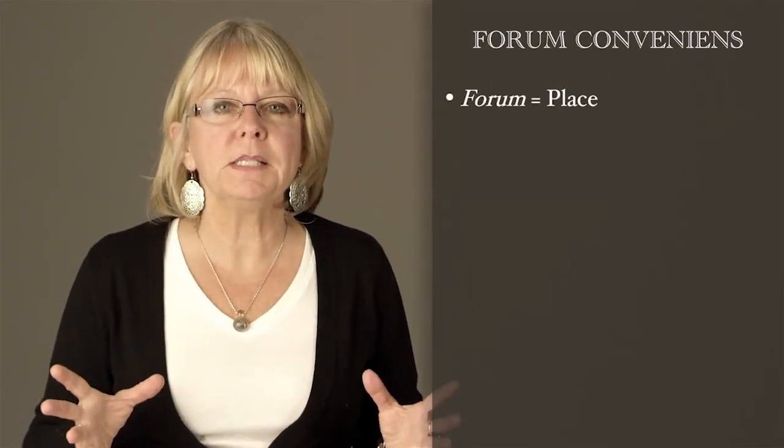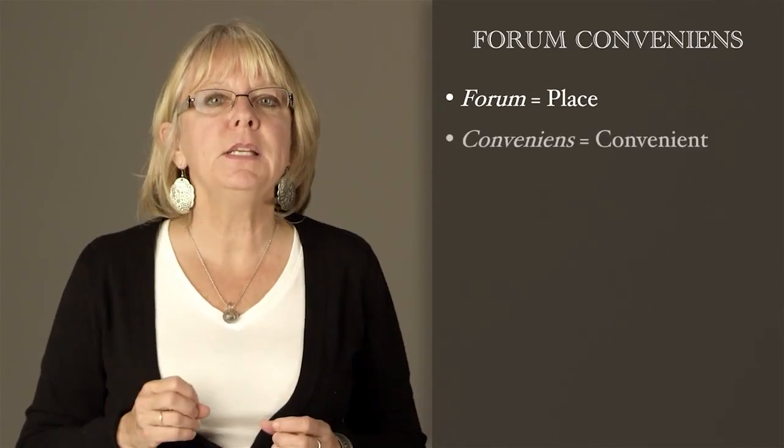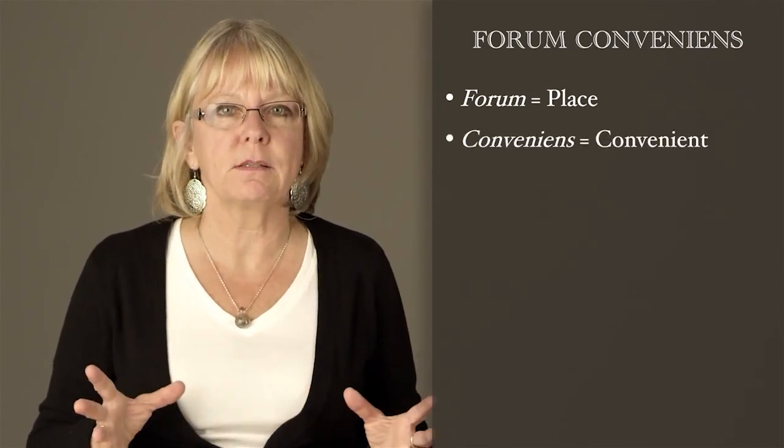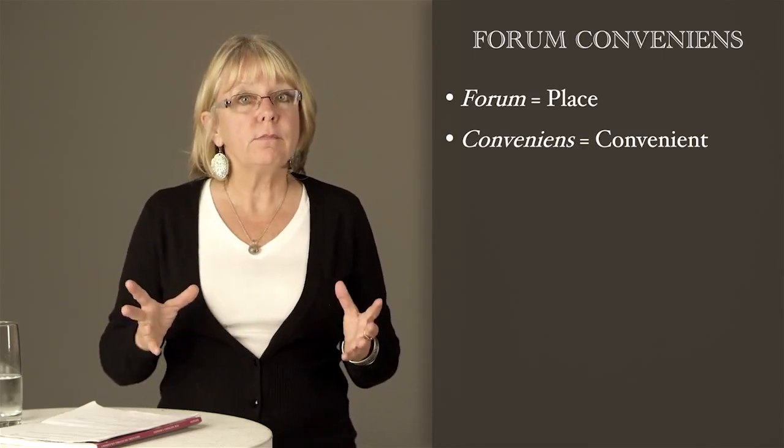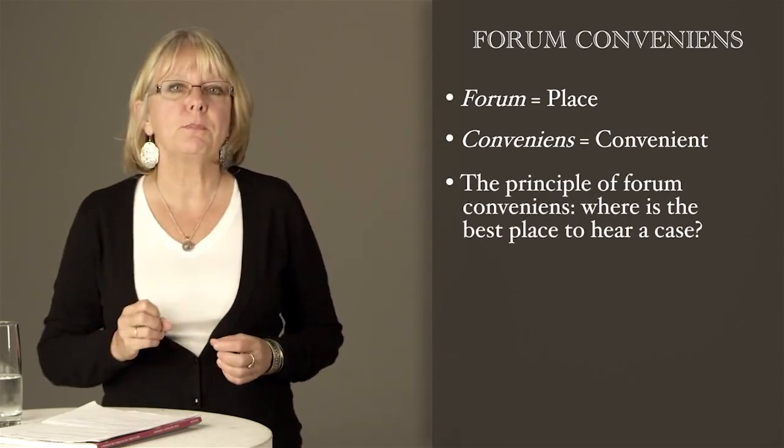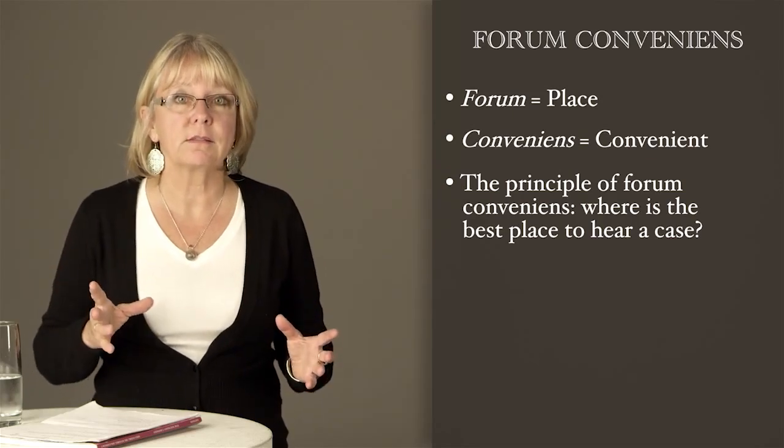In deciding issues of jurisdiction, the courts look at something called the doctrine of forum conveniens. Well, let's break the term down. Forum means place, and conveniens means convenient. So the idea in translation is this: the convenient place to decide the case?